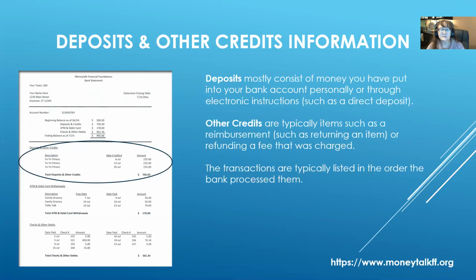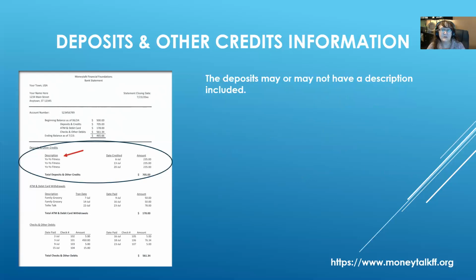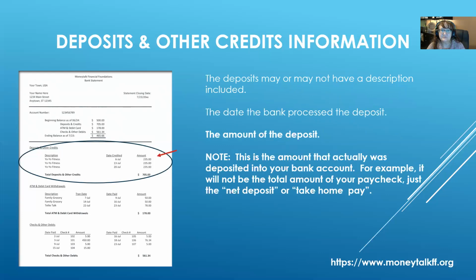The transactions are typically going to be listed in the date order based on when the bank processed them. The deposit section may or may not have a description that's included. If it is, it's going to be the company's name, the day that the bank processed the transaction, and the actual amount of the deposit.